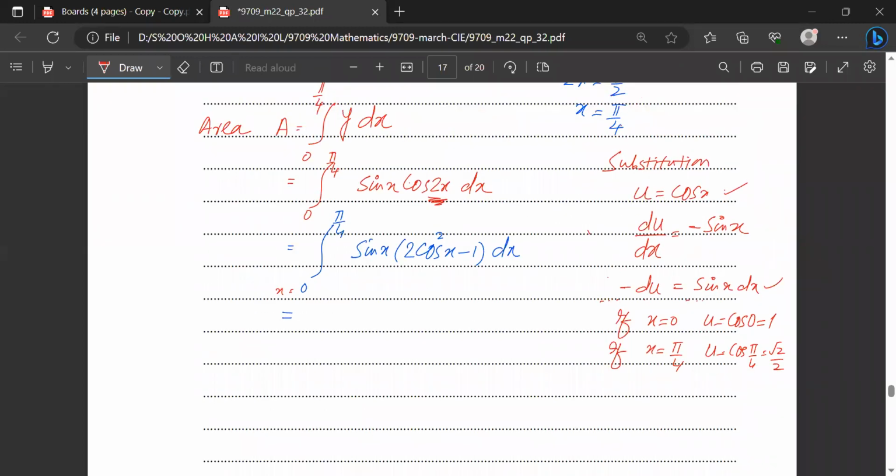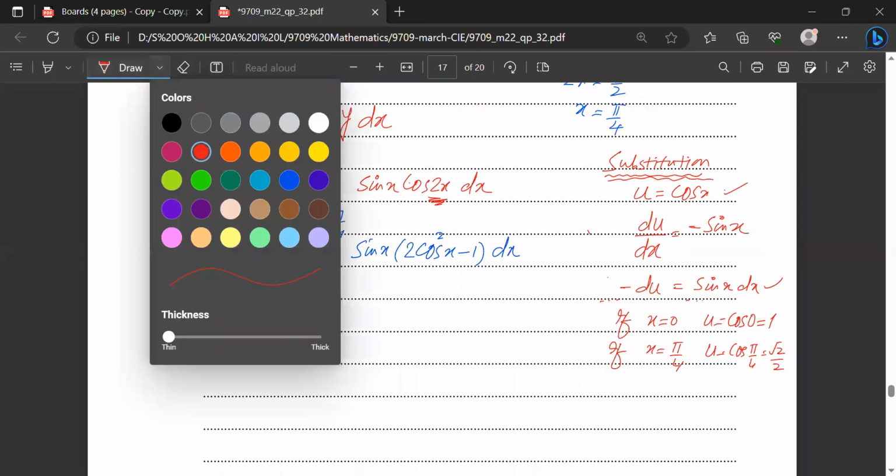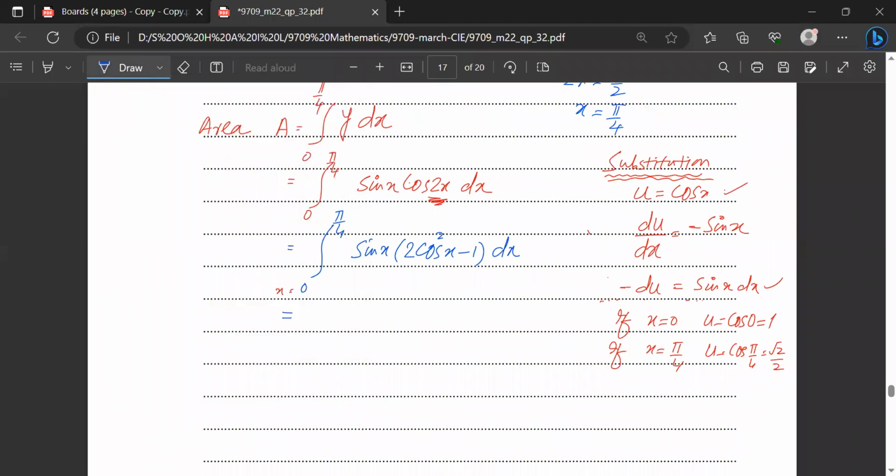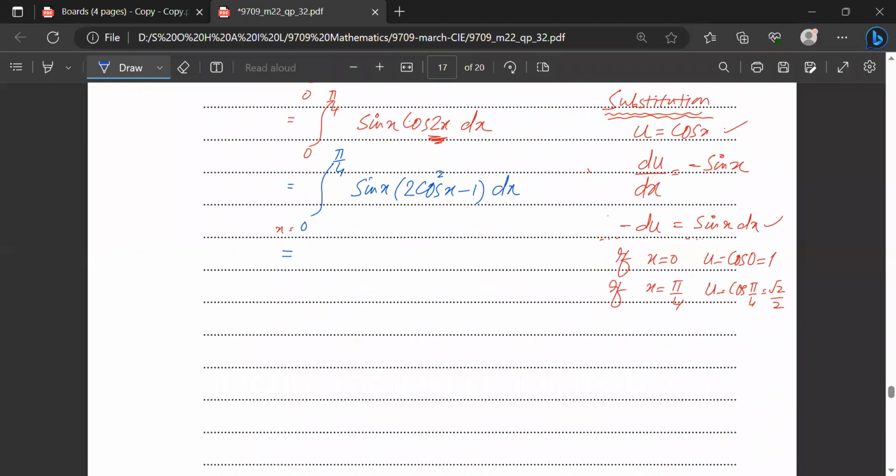So this is the working with a substitution. Now change the variable of the question. For x equals 0, the corresponding value of u is 1. For x equals pi over 4, the corresponding value of u is root 2 over 2.